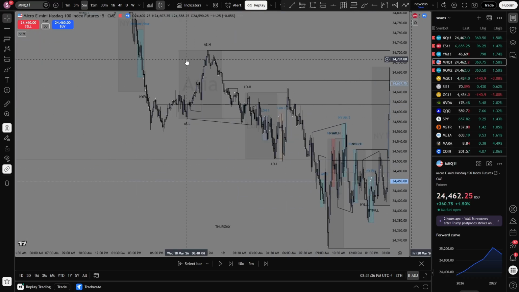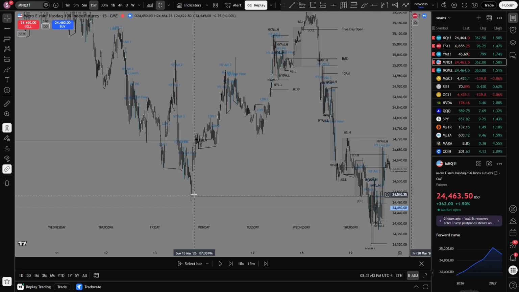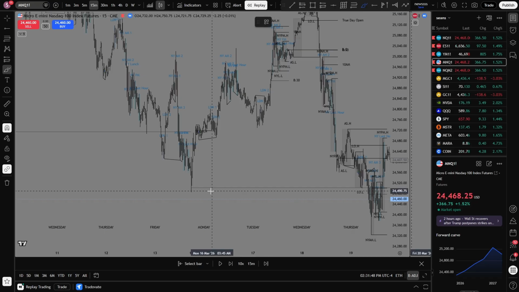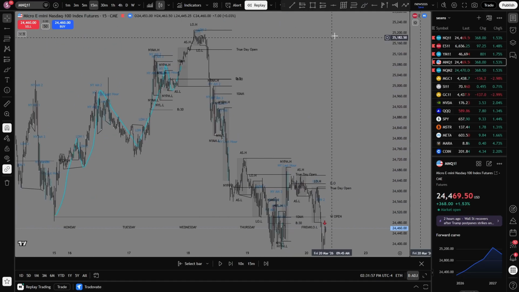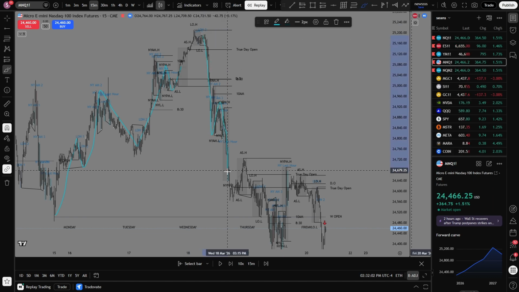So just as an overview, uptrends are higher highs, higher lows, higher highs, higher lows, right? That's an uptrend, and then a downtrend is lower lows, lower highs, lower lows, lower highs.